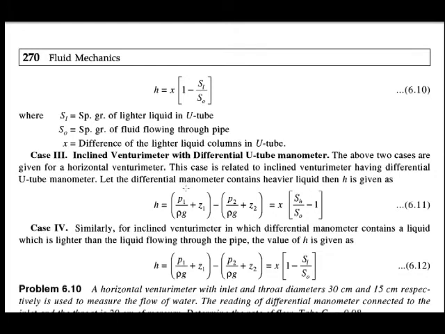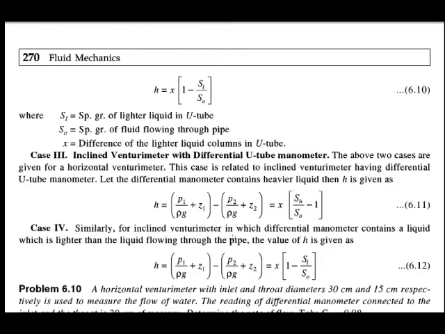Suppose the manometer contains a lighter liquid, then the formula for this inclined venturimeter will be h is equal to P1 upon rho g plus Z1 minus P2 upon rho g plus Z2 bracket complete, equal to x in bracket 1 minus Sl upon So bracket complete. This is the formula.